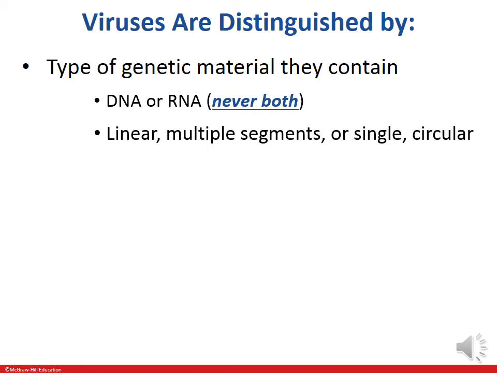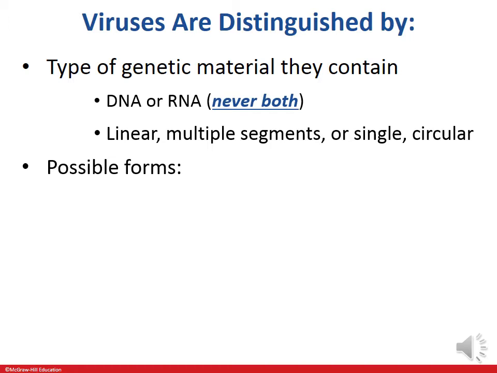Ours are in long double helix chromosomes, which are just long segments, multiple segments like ours. Or it can be very small segments of DNA that are just singular in little circles, much like a plasmid that you would see in a bacteria. So lots of variety in their genetic compositions.